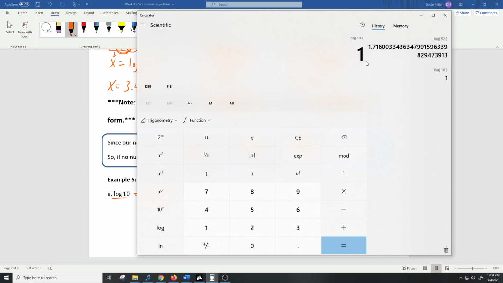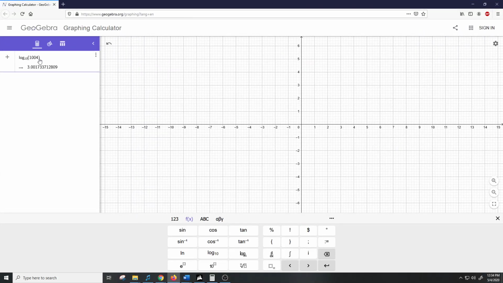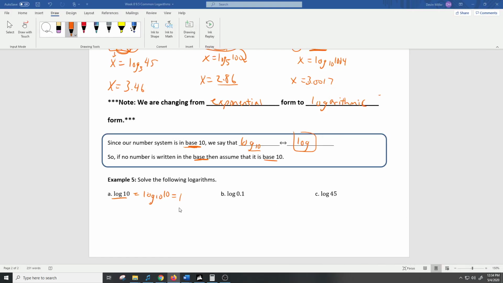So you can see the answer is just 1. But I will also do it in the website to show you get the same thing. So I already have base 10 here. Let's just change this to a 10. It is 1. Gives you the same answer. So you don't have to write it out differently every time. You can just click the log button.